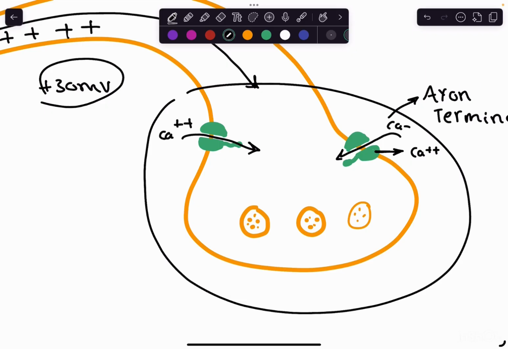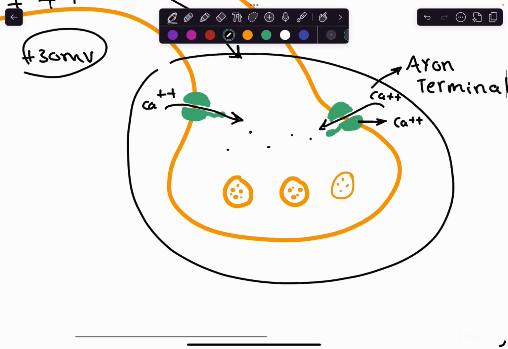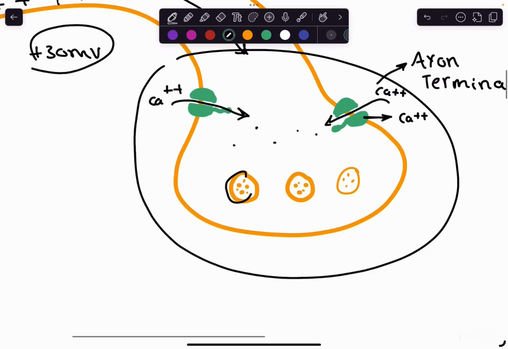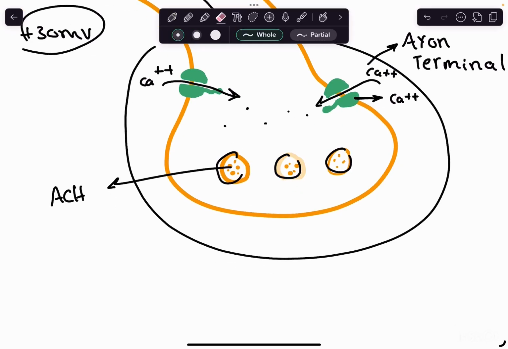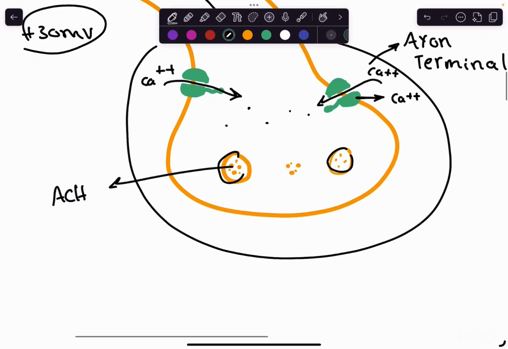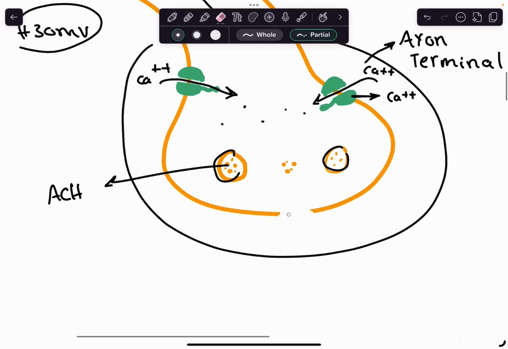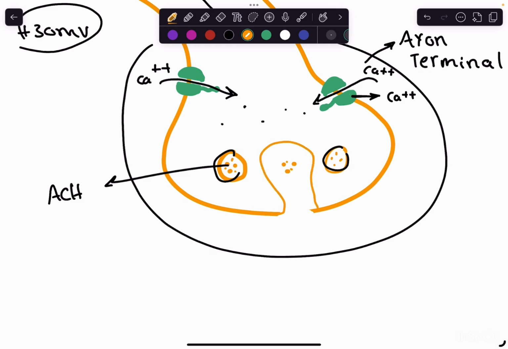So calcium ions getting inside. Calcium has a very important role here. It allows for those synaptic vesicles here, those contain acetylcholine, to fuse with the presynaptic membrane in something that looks like this.